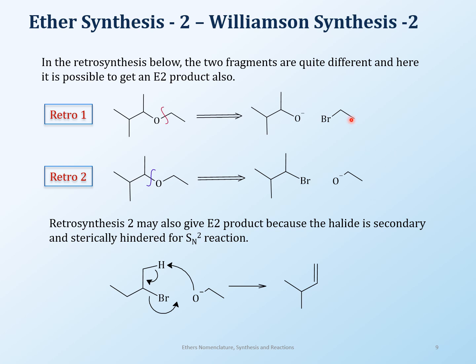But here it's not such a big nucleophile. Still, there is a chance that instead of a normal SN2, where this attacks here and the bromine leaves, you end up getting a little bit of an E2 mechanism, which means you end up getting an alkene.